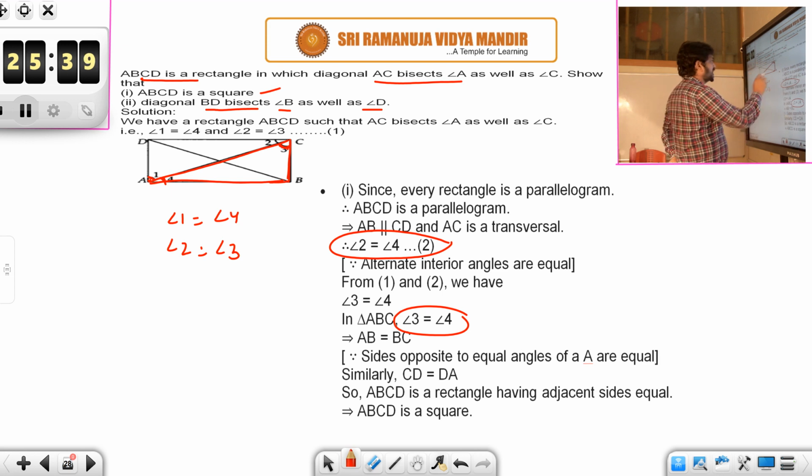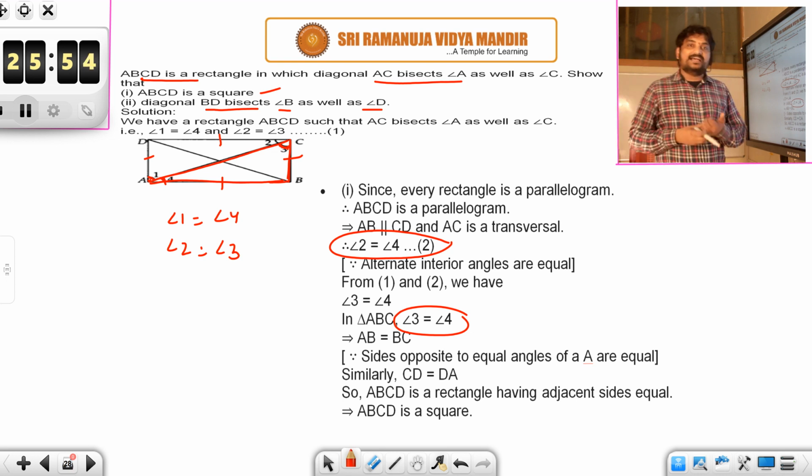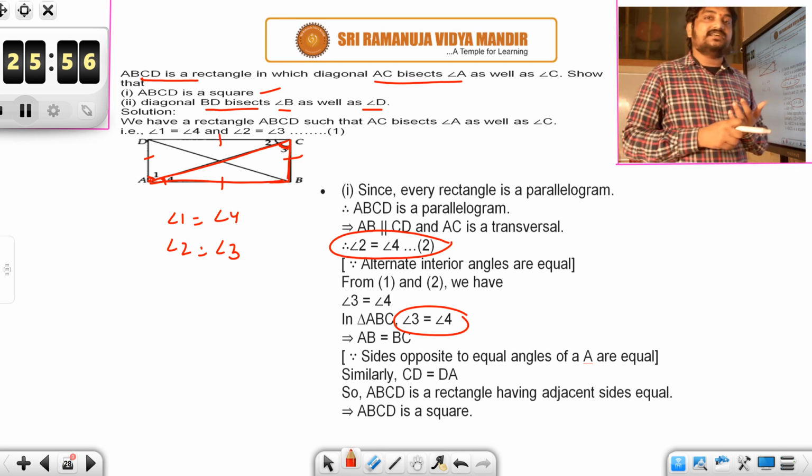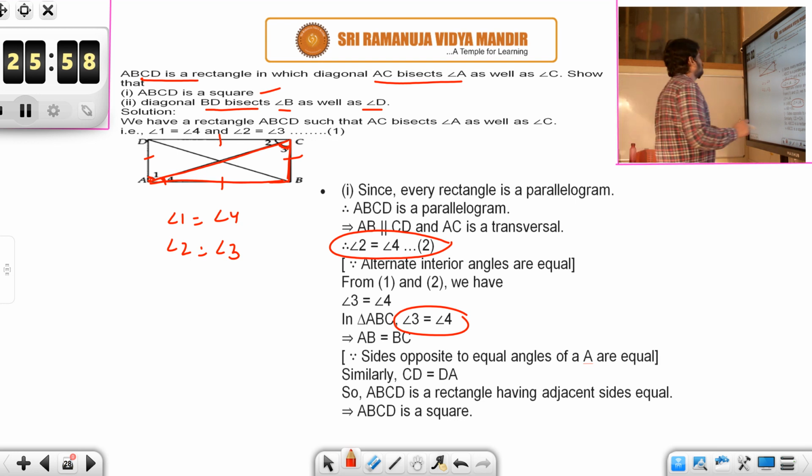Hence AB is equal to CB. And we know that AB is also equal to CD, and CB is equal to DA. So all the sides are equal to each other. A rectangle in which all sides are equal is called a square. So hence ABCD is a square.